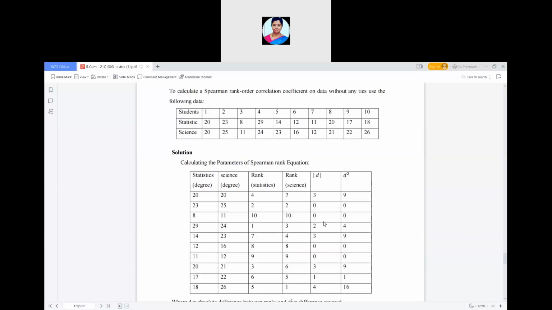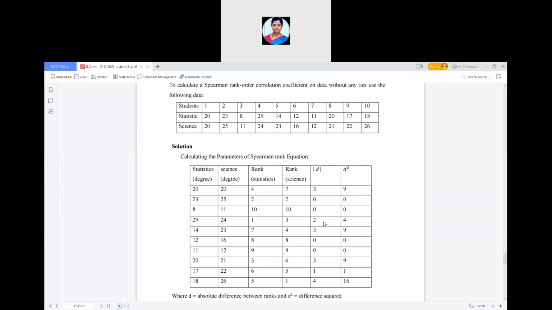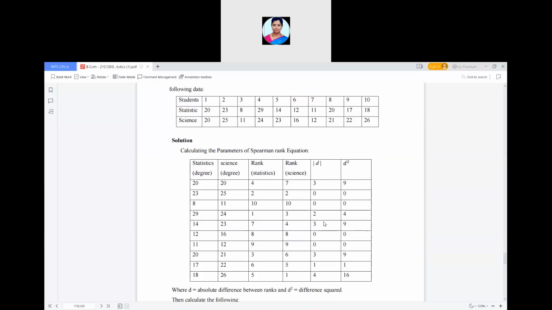And then 20, and likewise we are doing the ranking. Similarly for science, we are also doing the ranking. Here the modulus of D we are finding, and then D square.